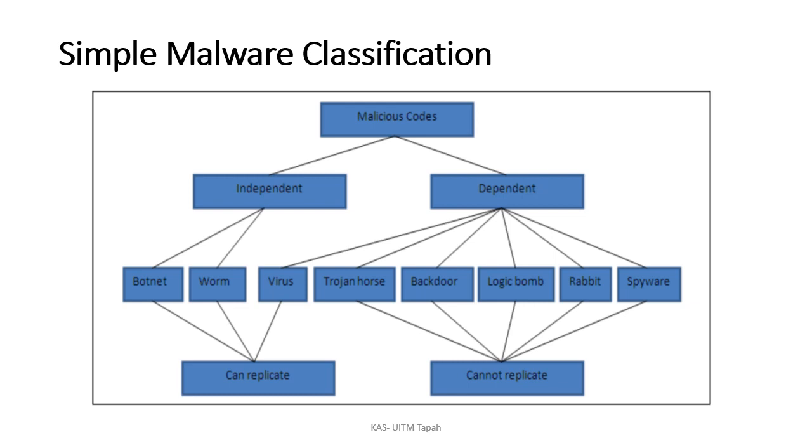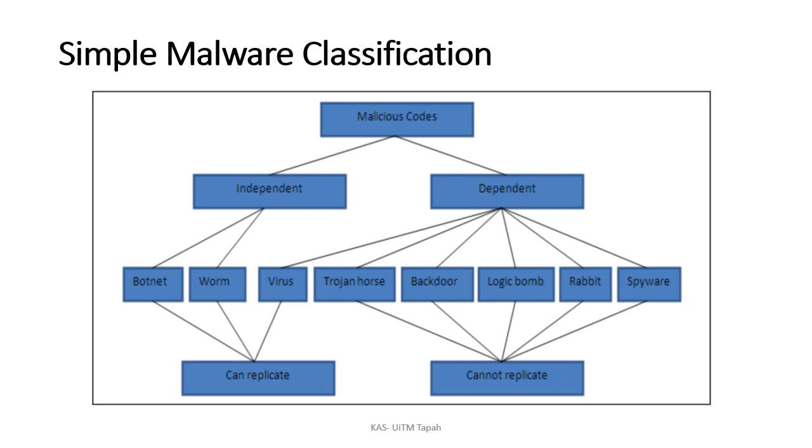We can categorize whether the malicious code is independent, such as botnets and worms, which can self-replicate and propagate through the networks and systems. Dependent malicious code includes the virus, Trojan horse, backdoor, logic bomb, rabbit, and spyware.